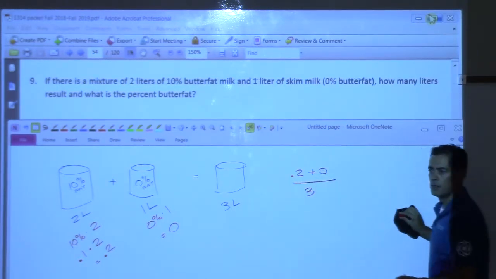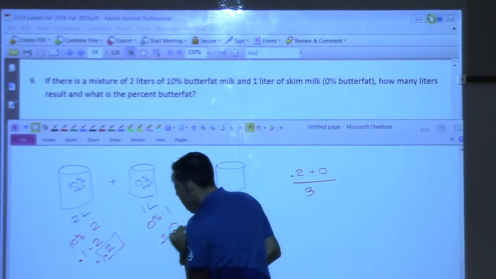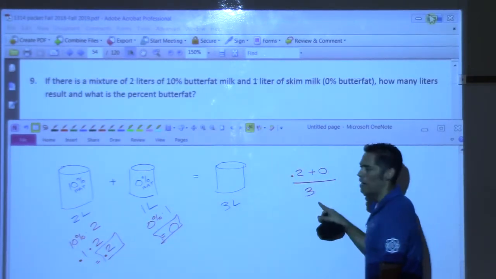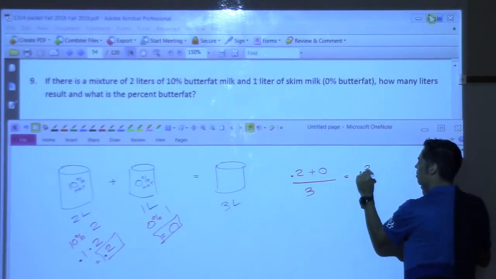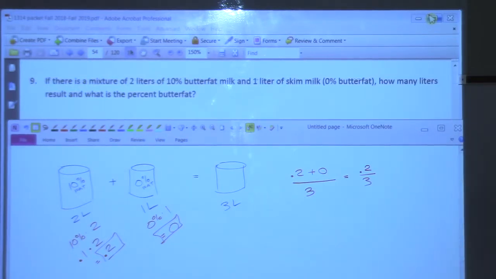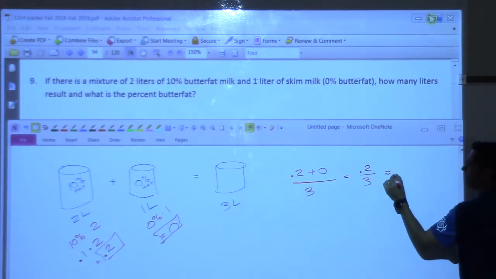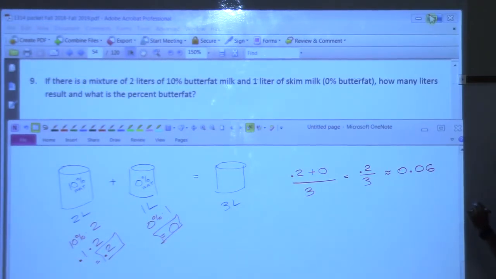Good. Right, so you take this number plus this number, put those on top, divided by our total liters. And that we might need a calculator for. 0.2 divided by 3. What is that? Approximately what? 0.6. Is that what I'm hearing? 666? Keep going to 666. No, we're going to stop at 666.